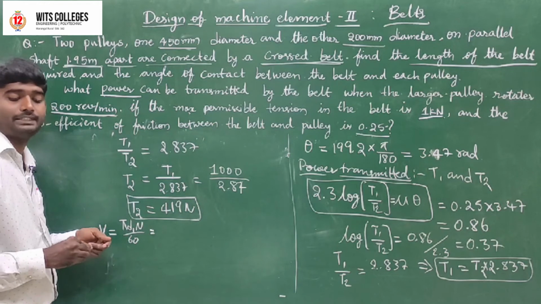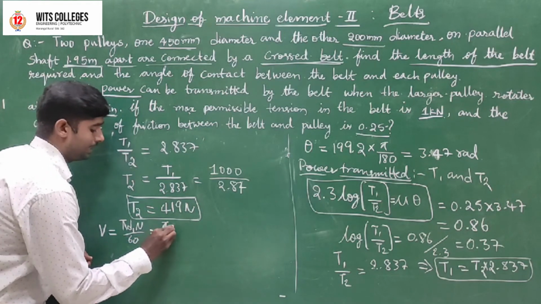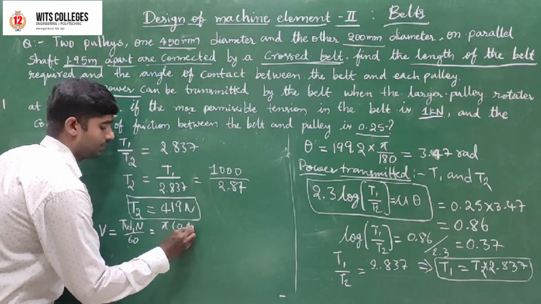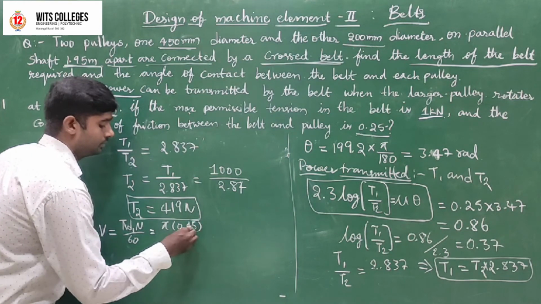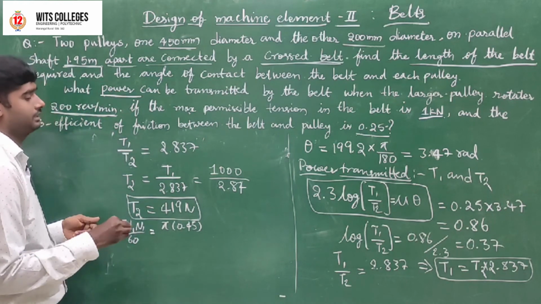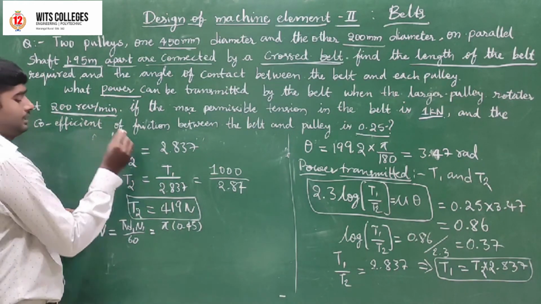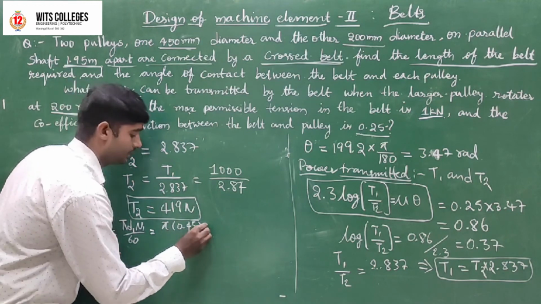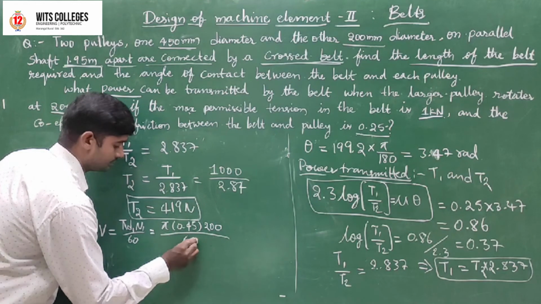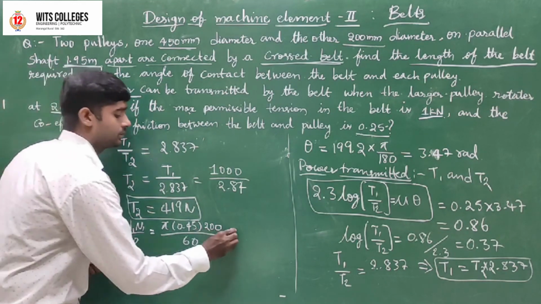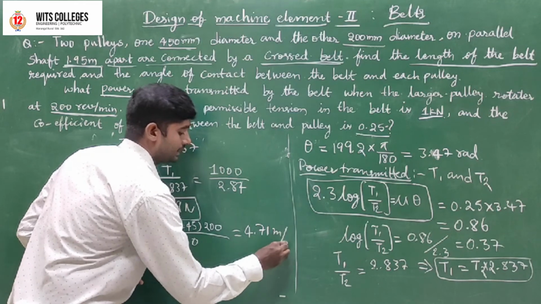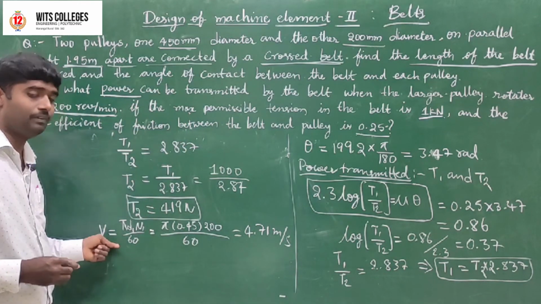Here d1 is 0.45 meters and n1 is 200 rpm, so pi into 0.45 into 200 by 60. V is equal to 4.71 meters per second.